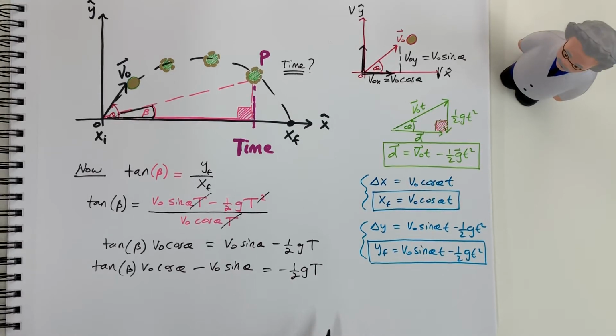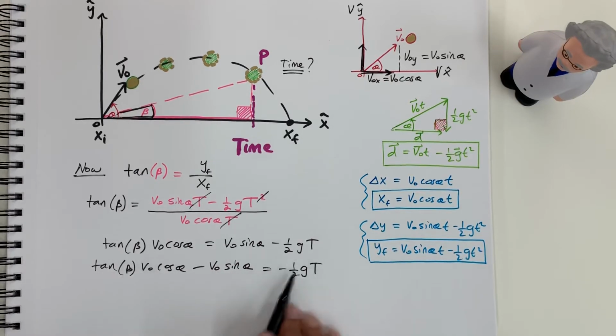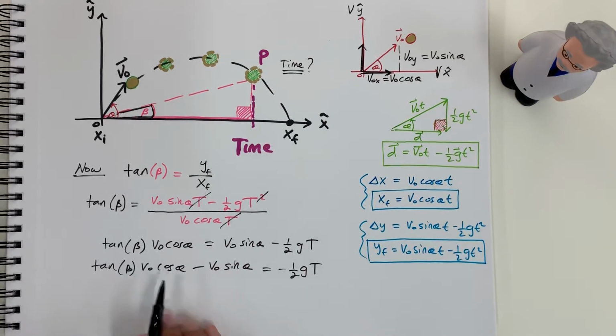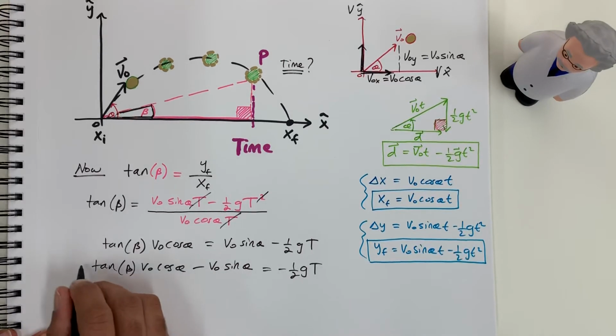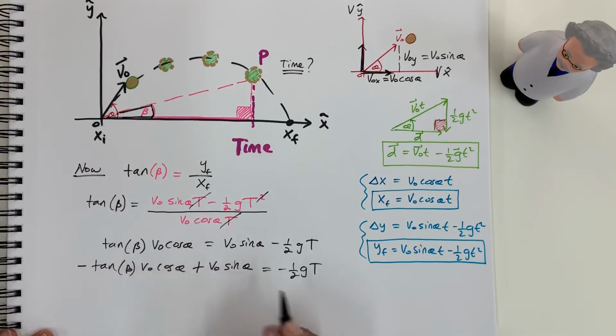Okay, and then finally, let's take out these v naught from both of these terms. Okay, we're gonna multiply the 2 and then we're gonna divide by g. All right, so we'll do that and we'll multiply by the negative. So multiplying by the negative, let's just put a negative here. We're gonna change this to positive and we're gonna change this to positive.